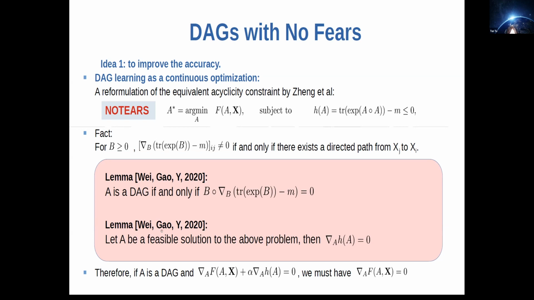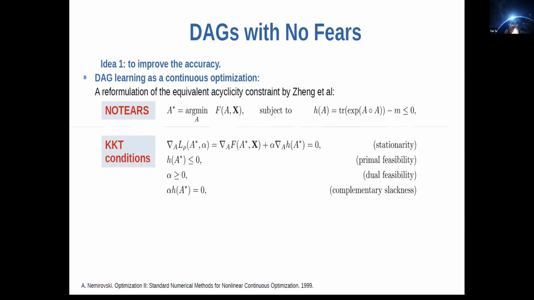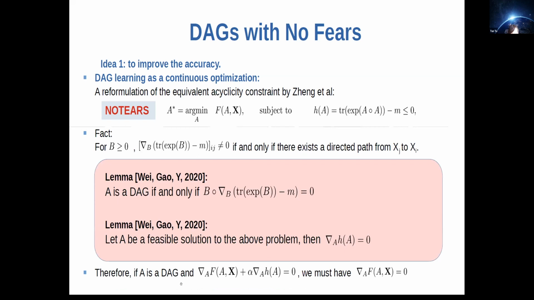As long as A is a feasible solution, meaning A is associated with a DAG, then we must have the gradient of h with respect to A equal to 0. Now if we revisit our stationarity condition, the gradient of the loss plus the Lagrange multiplier times the gradient of h with respect to A equals 0. So if A is feasible and also satisfies the KKT condition, then the gradient of h with respect to A is 0, which means the gradient of f with respect to A must also be 0.